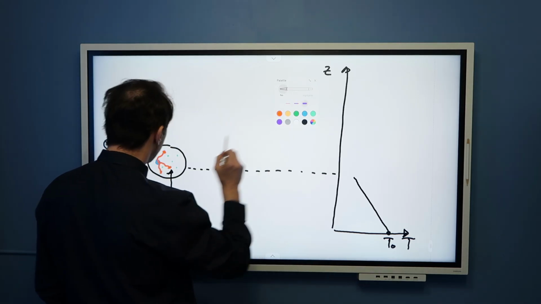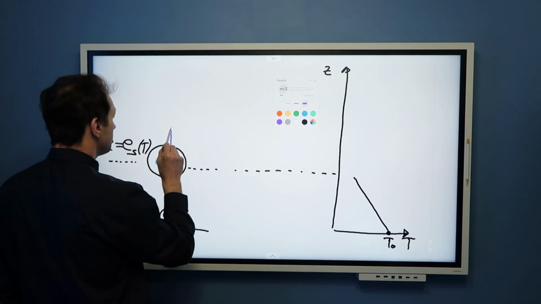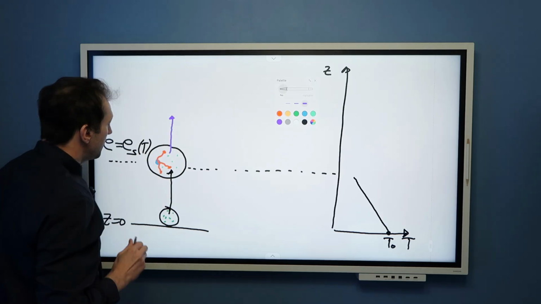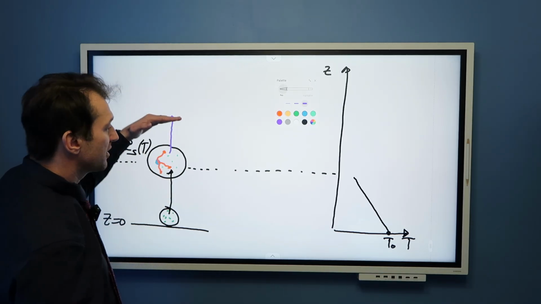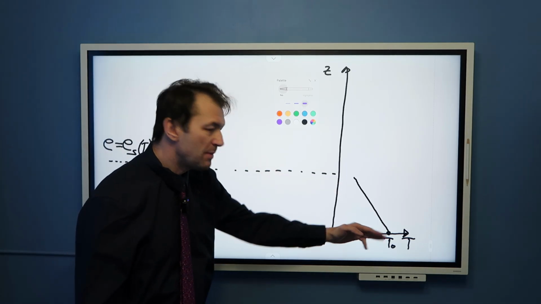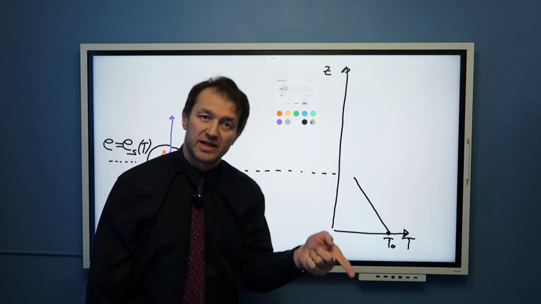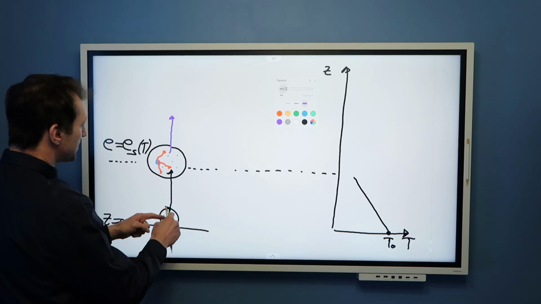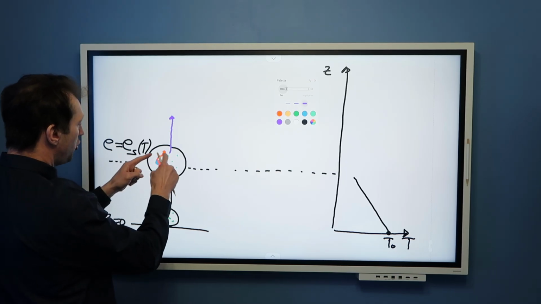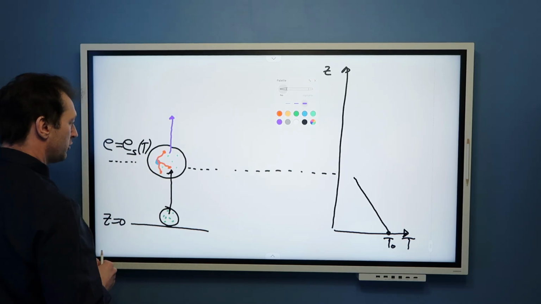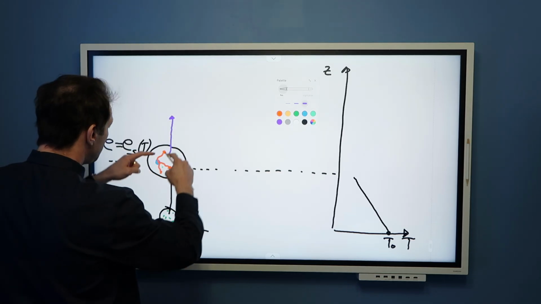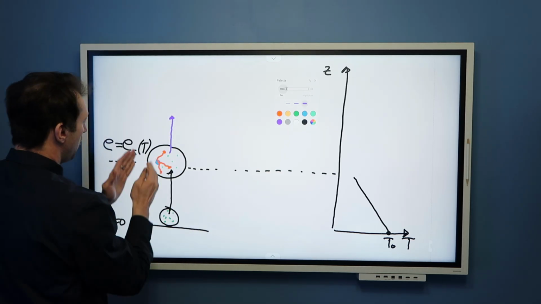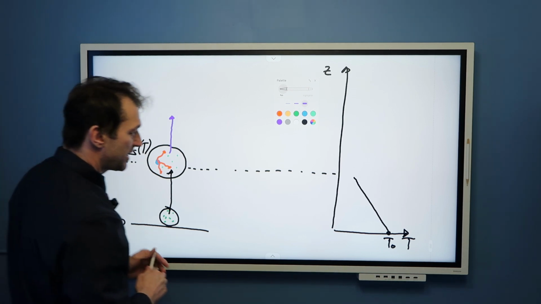When this parcel of air continues rising, the rate of temperature drop with height will be less than the rate of temperature drop during the dry adiabatic process. Because during the dry adiabatic process, there was no release of latent heat of condensation. But during the moist adiabatic process, we have this release of latent heat of vaporization.